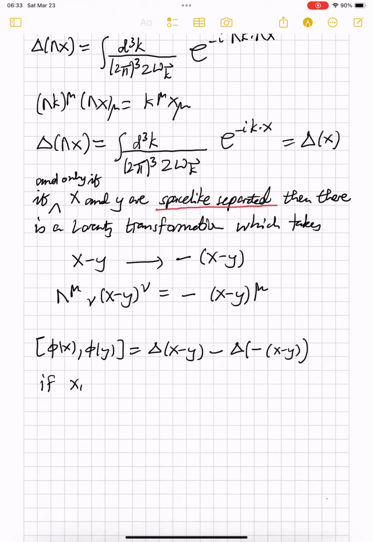By the way, this commutator result that we obtained holds for any x and y, not necessarily just space-like separated.